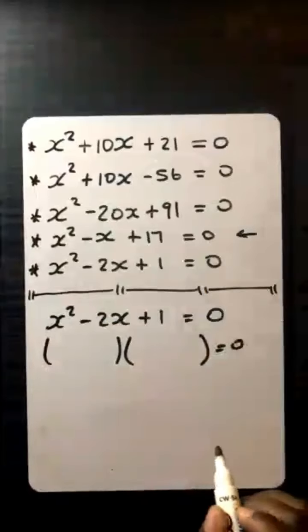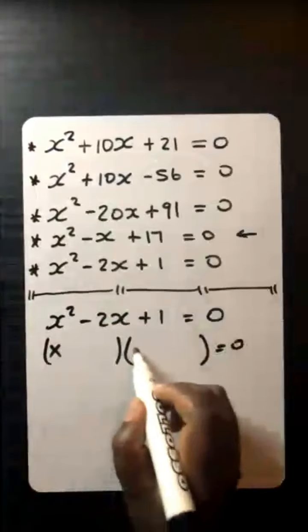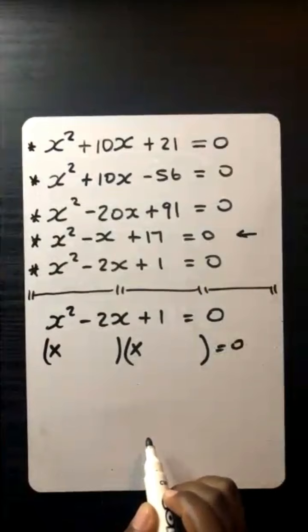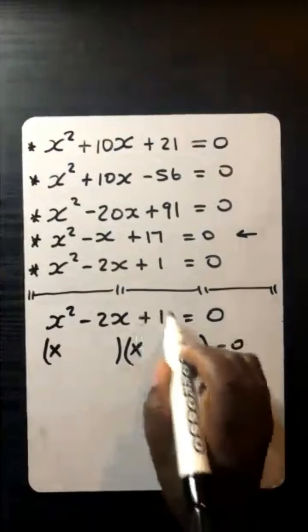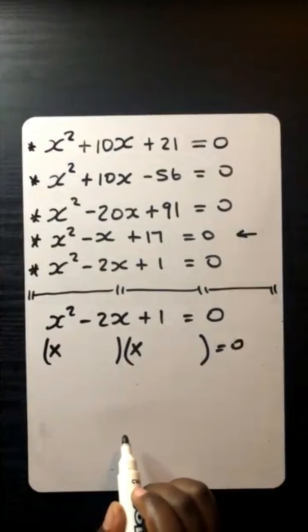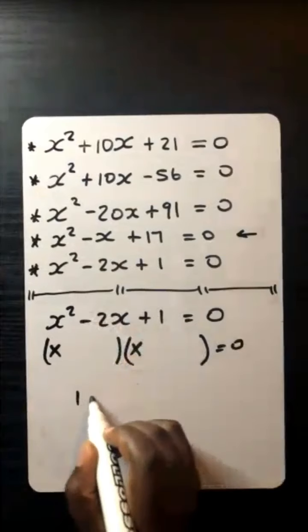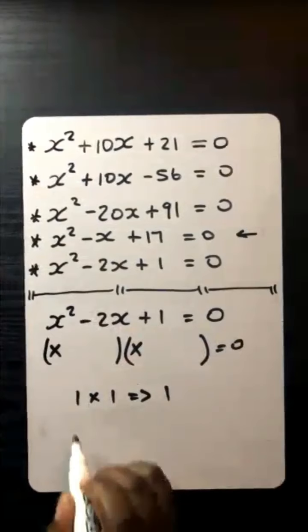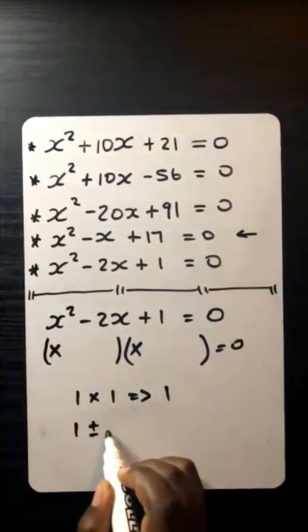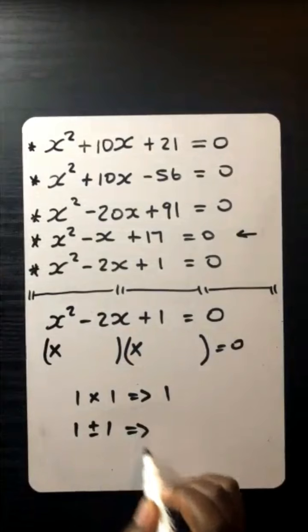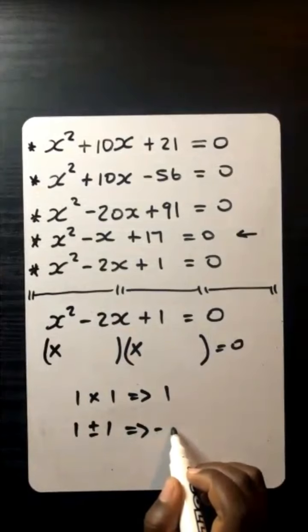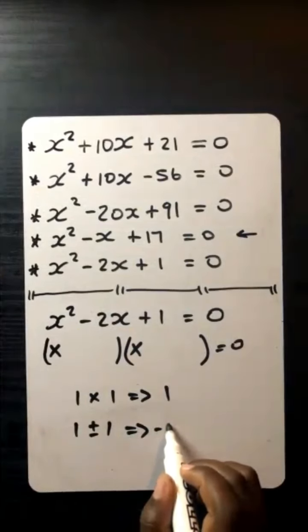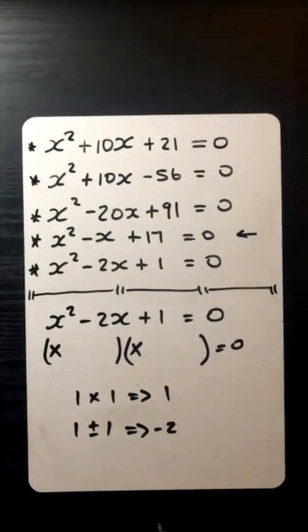So when I factorize, obviously, I've got x, and again, which two numbers when multiplied together give me 1 and can still be worked out to give me 2. Obviously, 1 times 1 will give me 1. And again, 1 either plus or minus 1 must give me negative 2.